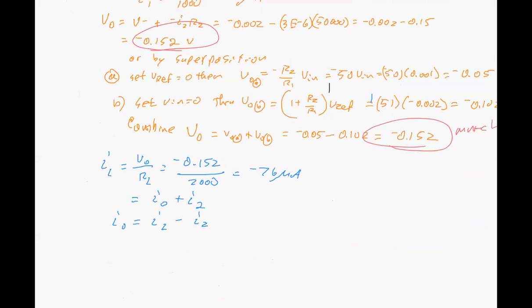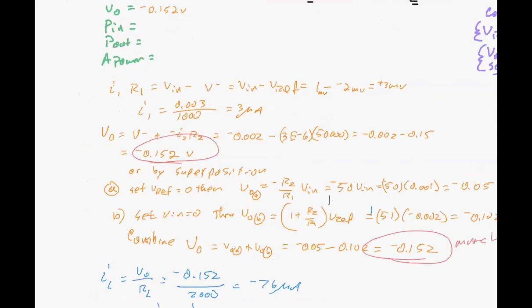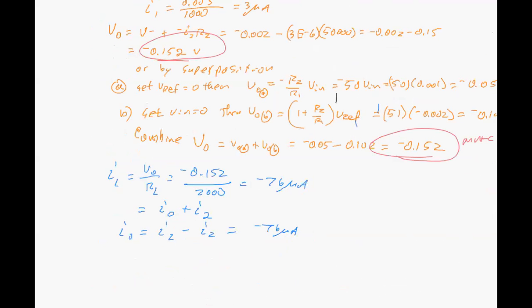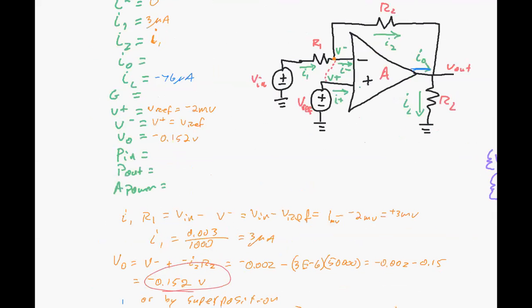So that would be minus 76 microamps minus 3 microamps, where we get minus 79 microamps. So I out is minus 79 microamps.